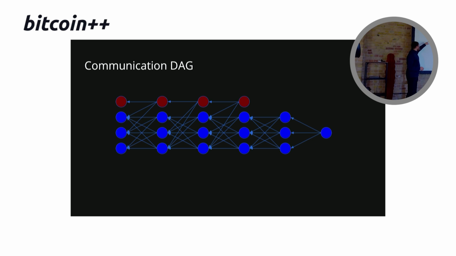The genesis units are generated, one per guardian, and then the guardians start to exchange those units. Every guardian waits until it has a threshold of units from the previous round. So this is round 0, round 1, round 2. Time goes from left to right.